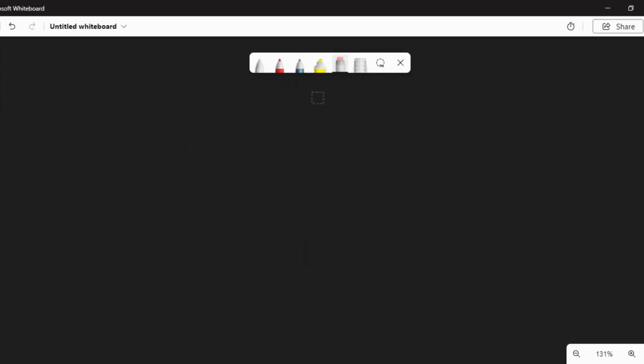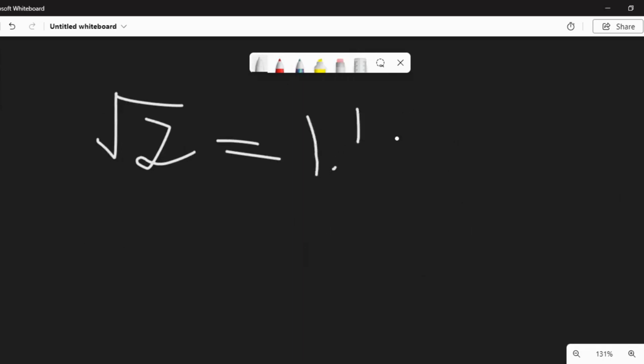Something like root 2, whose digits are 1.41 something, right? When you just want this part, we know the square root of 2, so we can just take one.